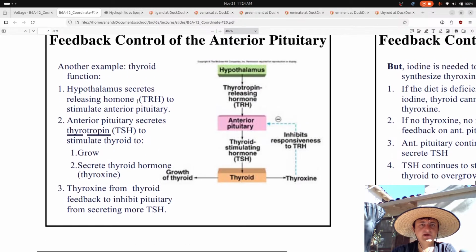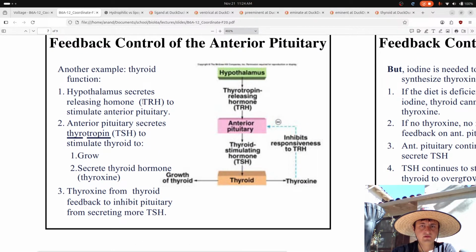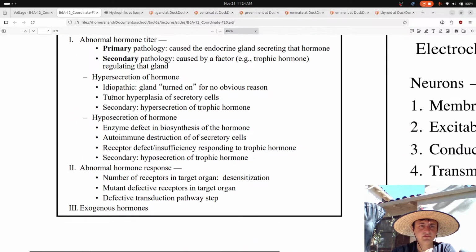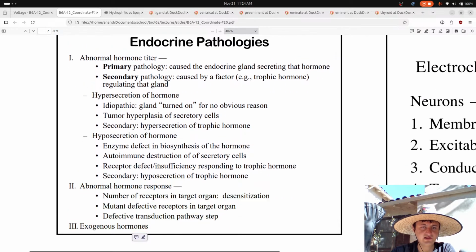So like if you say thyrotropin, the thyroid is the one feeding, I guess. I don't know. Kind of makes sense. Abnormal hormone response. Number of receptors in target organ, desensitization. Mutant defect receptors. Okay, understanding this freaking endocrine pathology is probably important.